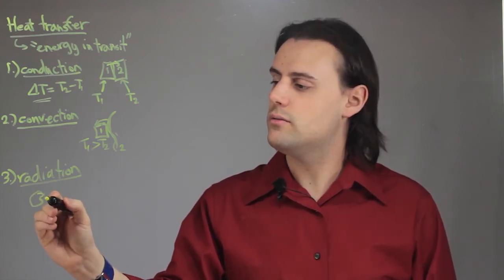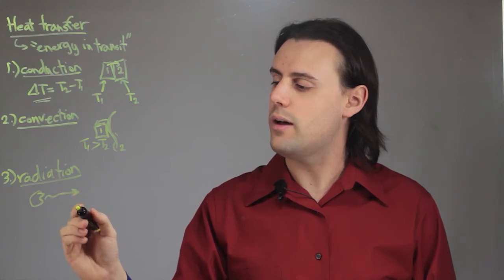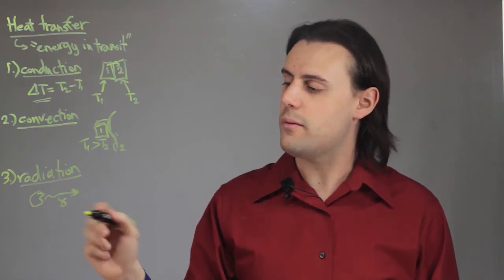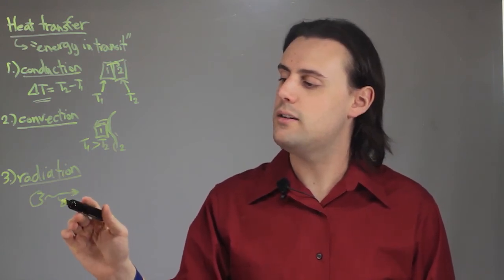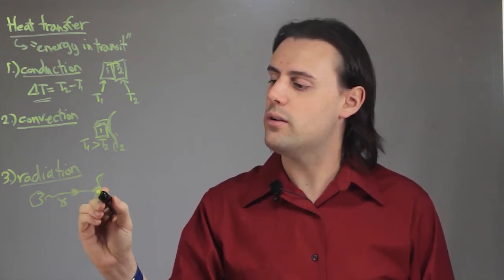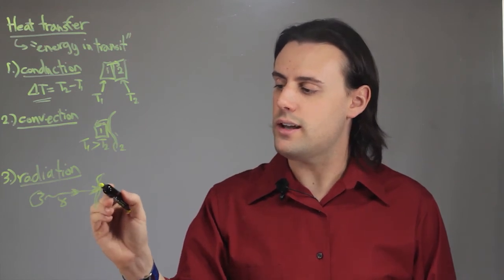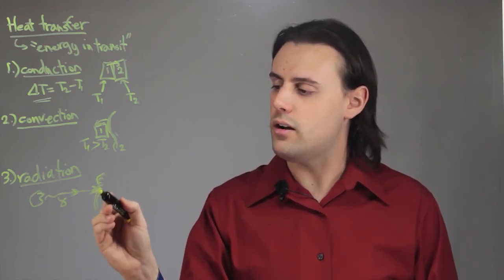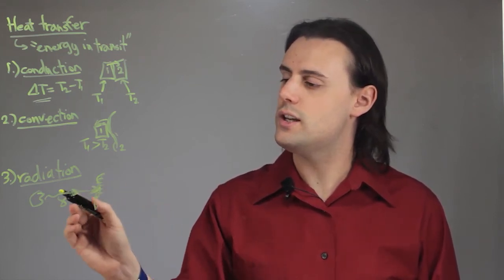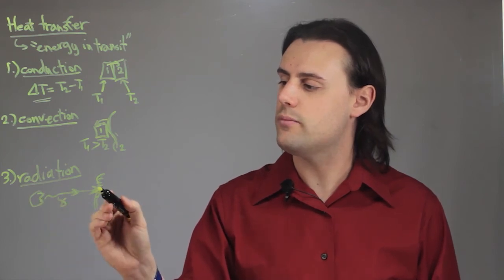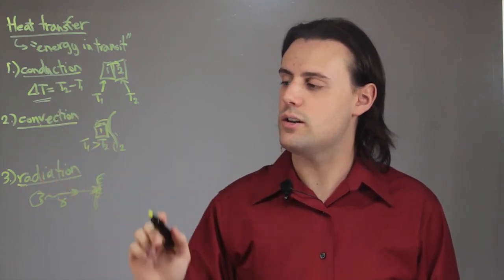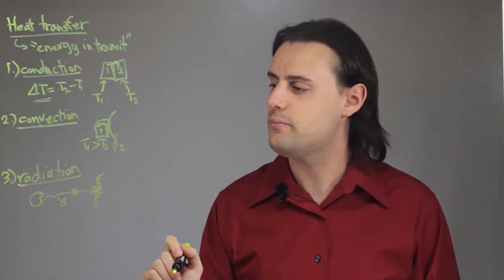So this material will radiate, for example, gamma rays if it's radioactive, or like a black body can emit in the infrared spectrum, and another object will absorb that radiation and will excite the atoms on the surface of that material. So this is yet a third method through which heat is transferred from one object to another. What's interesting about radiation is it's not direct heat transfer like conduction and convection. It can happen at a distance.